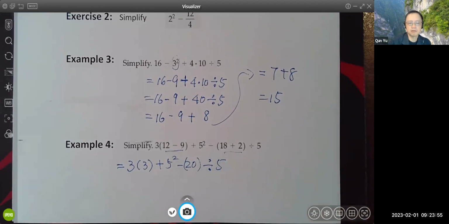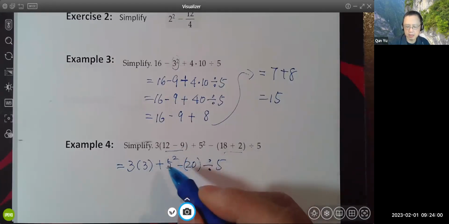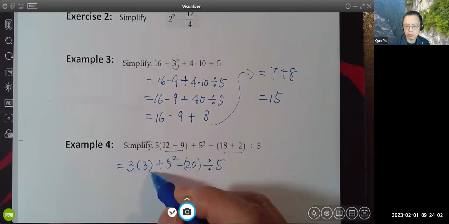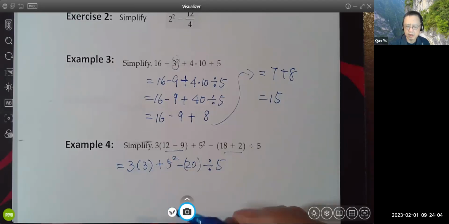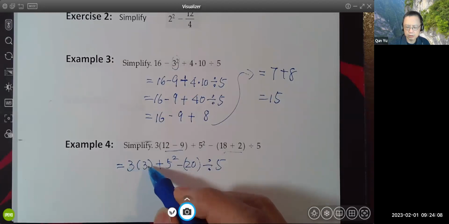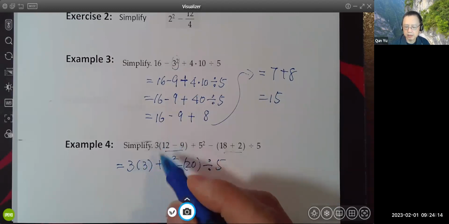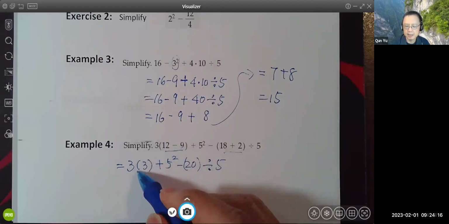If you only have one number inside parentheses without any operations, you can choose not to use parentheses. There's no difference. If you don't use parentheses, you put a dot between this 3 and this 3 to indicate there's an operation called multiplication in between. When you use parentheses, you don't need to have any operation symbol here.